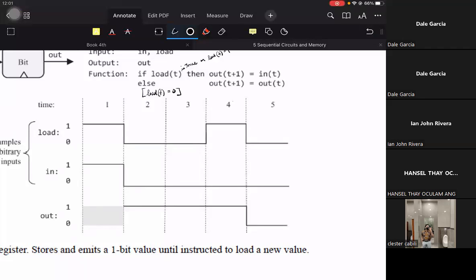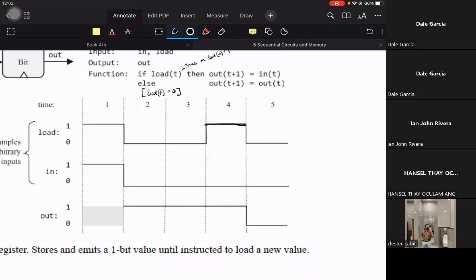Now, what's interesting is the fourth cycle. After the fourth cycle, in the next cycle, the moment the load terminal, or load pin, goes high, that will prompt the output to change state, or store that state.